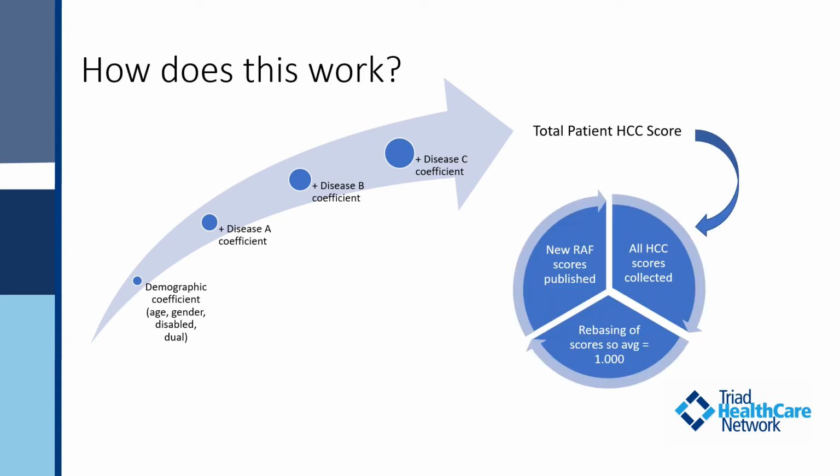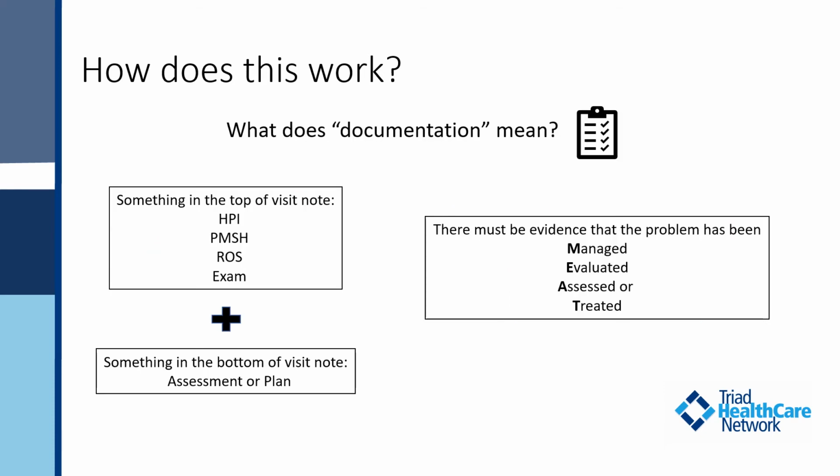And then all the HCC scores are collected and they are rebased so that the scores average will be 1.000. And then new RAF scores are published, and that cycle occurs twice a year.